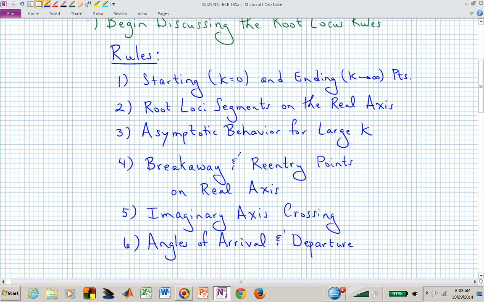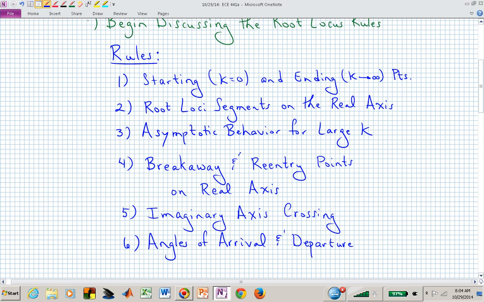Remember what we're trying to do, and we'll talk about that in just a minute. But we have boiled this process of sketching a root locus down into 6 rules. Where do we start and where do we end as far as these branches of the root locus? That's the first rule.